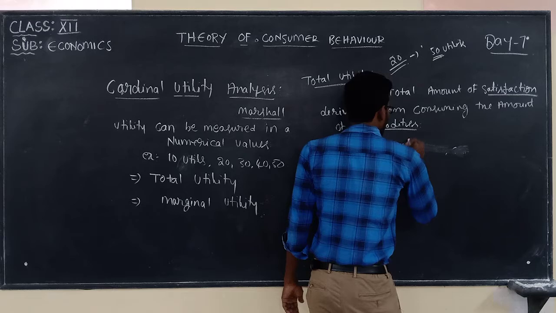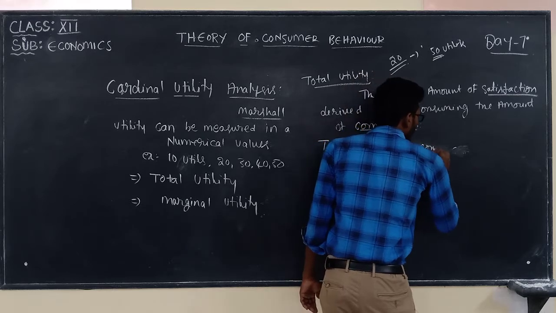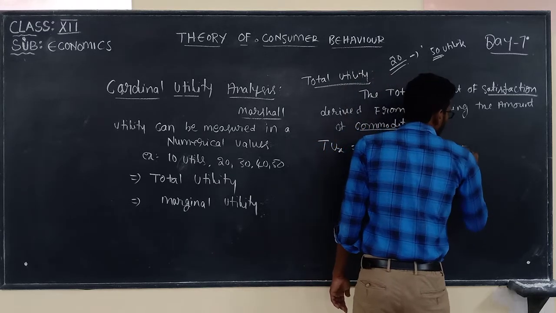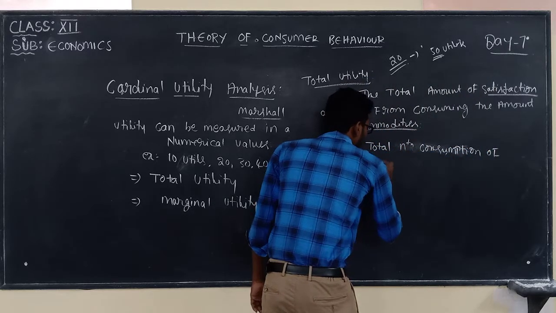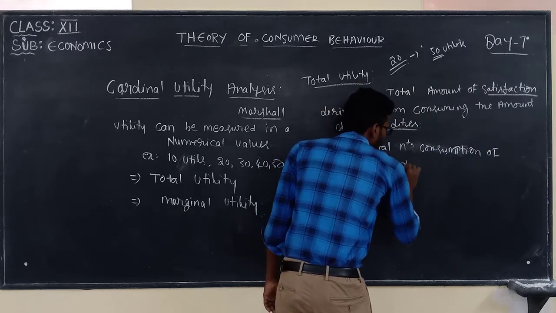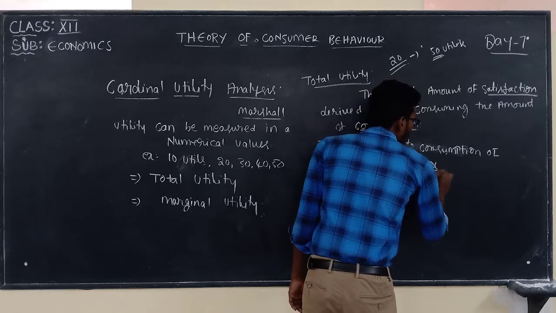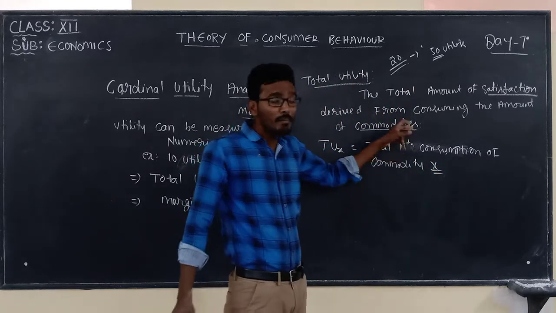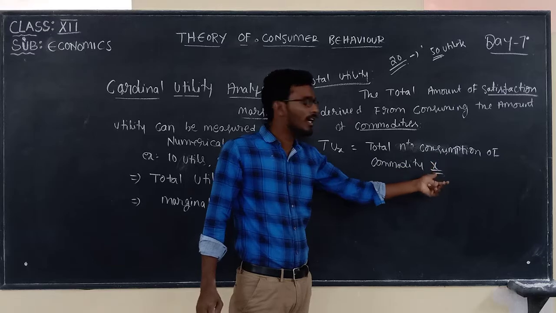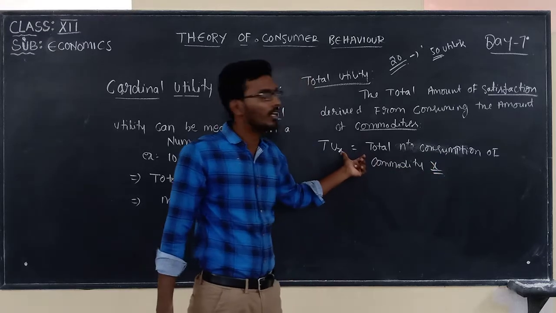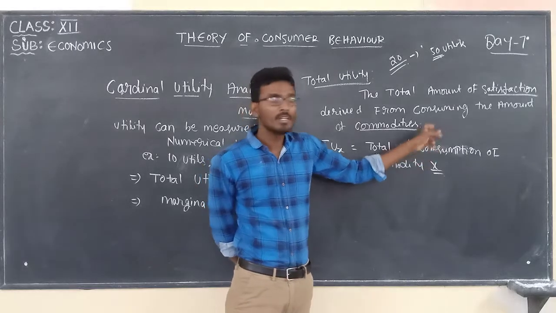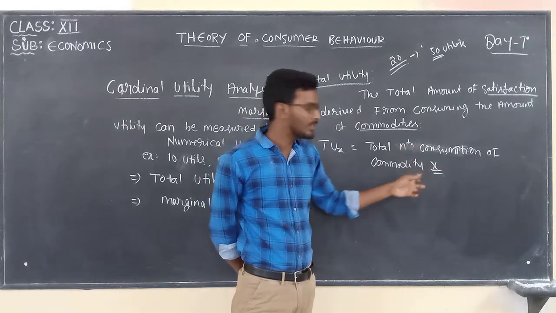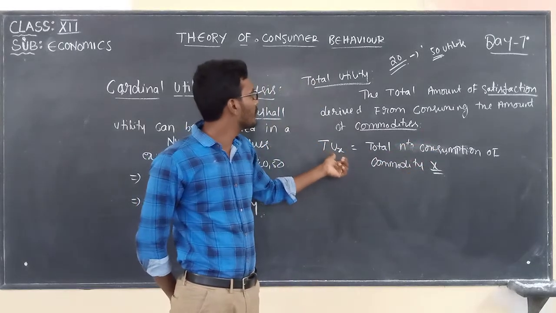So we can say the nth consumption of commodity X means n number of times you consumed the commodity X, that is known as the total utility of X.